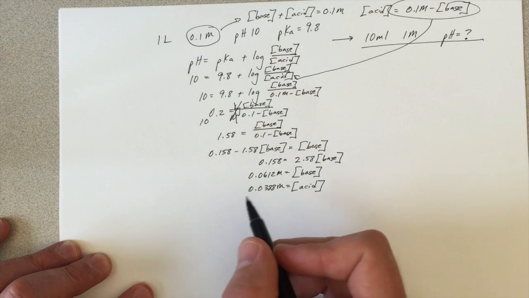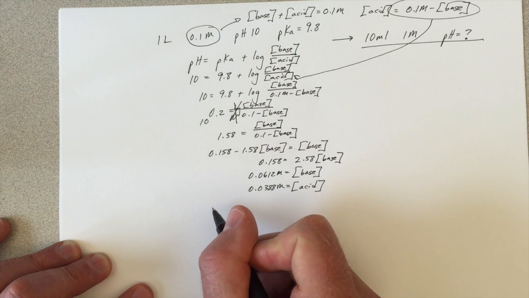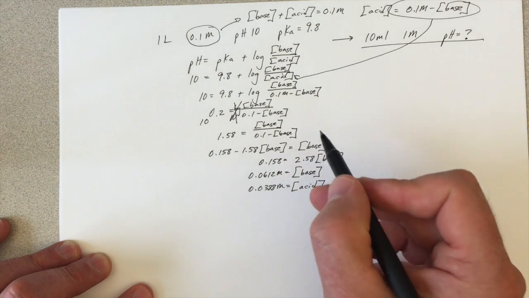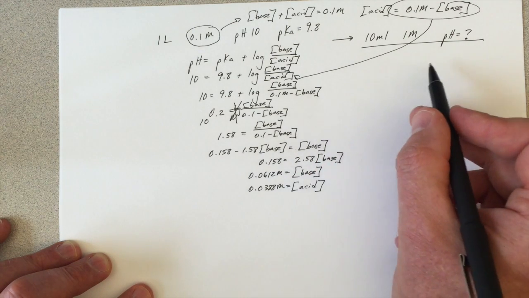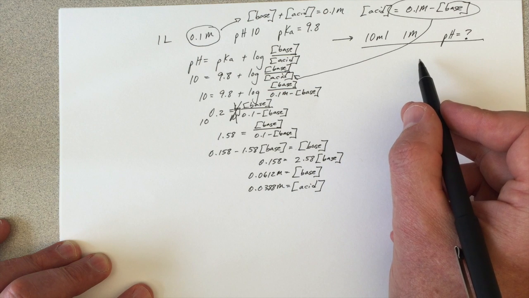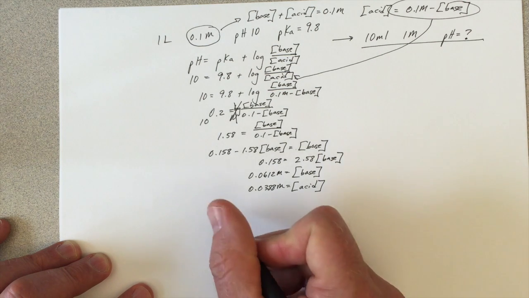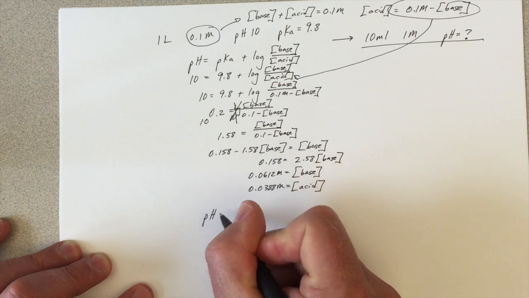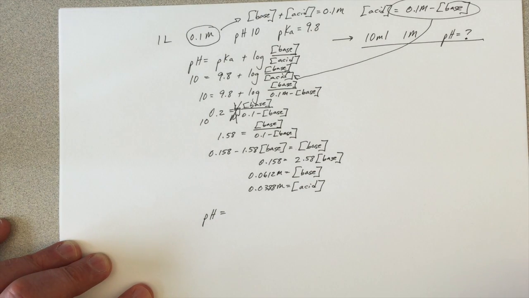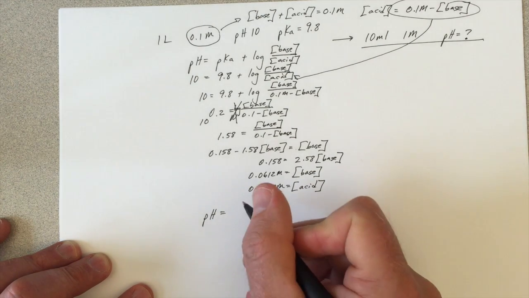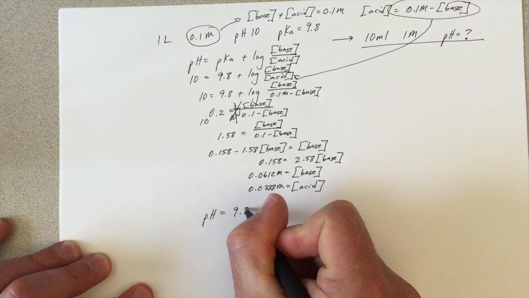So I'm going to write out the Henderson-Hasselbalch equation for my buffer after the addition of this amount of strong acid. The new pH is unknown. It's going to change. It's probably going to go down some. The pKa is the same.